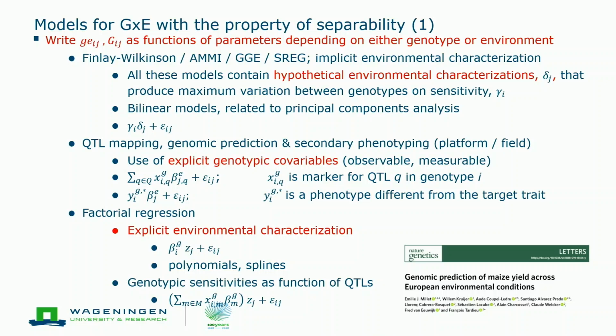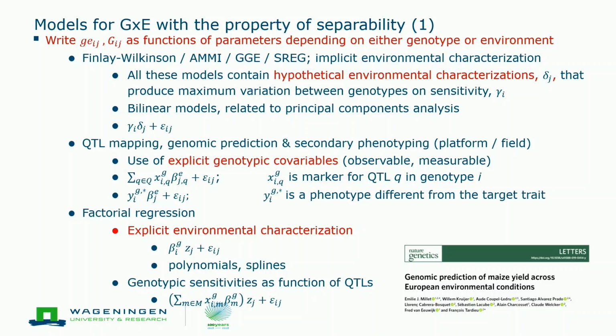Here's a genotypic sensitivity, an environmental characterization, quality. These kinds of descriptions can be obtained by optimizing mathematical criteria, but there are quite a number of ways of doing that. And well, this is a very simple way of trying to get a hold on the G by E. And yeah, the work for the breeder then later is to try to understand what these hypothetical environmental characterizations mean.